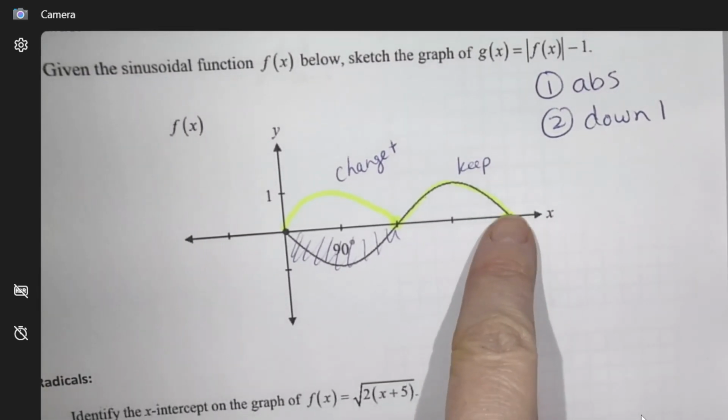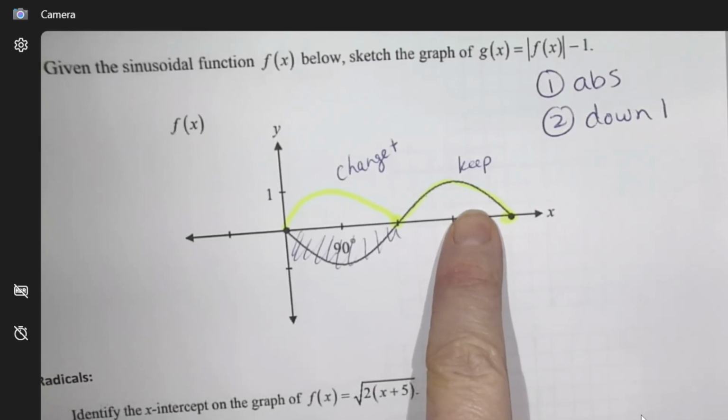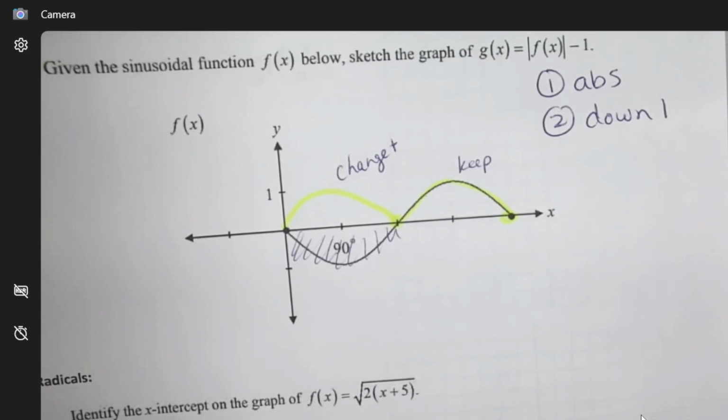Okay, now this is my yellow graph. I'm going to now shift that yellow graph down 1.